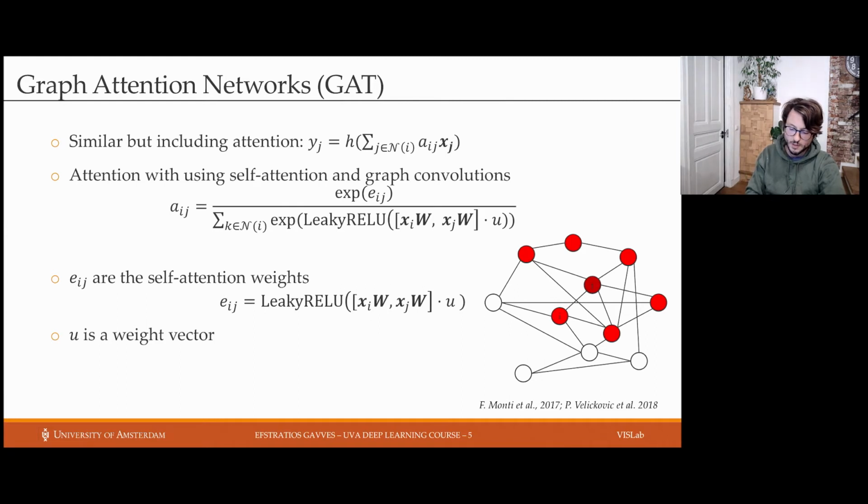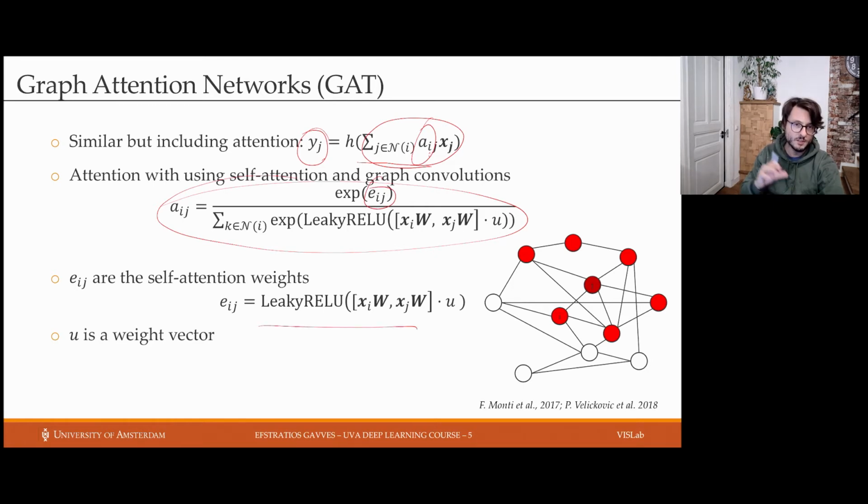So specifically, for our nonlinear activations, we're going to first sum over the neighborhood using weight coefficients, and these weight coefficients are computed using self-attention weights. Specifically, the attention is basically a softmax of self-attention weights.